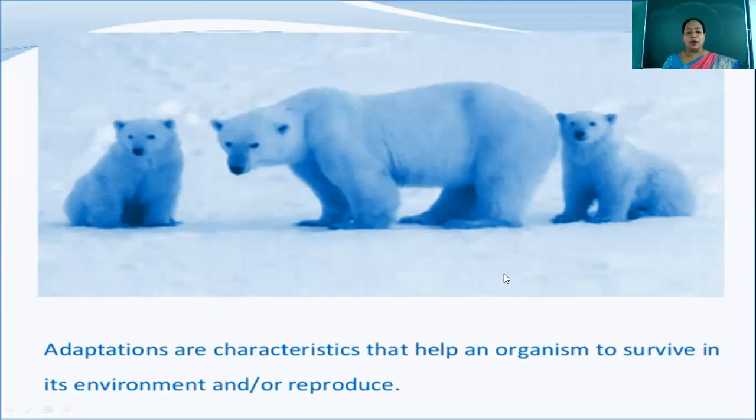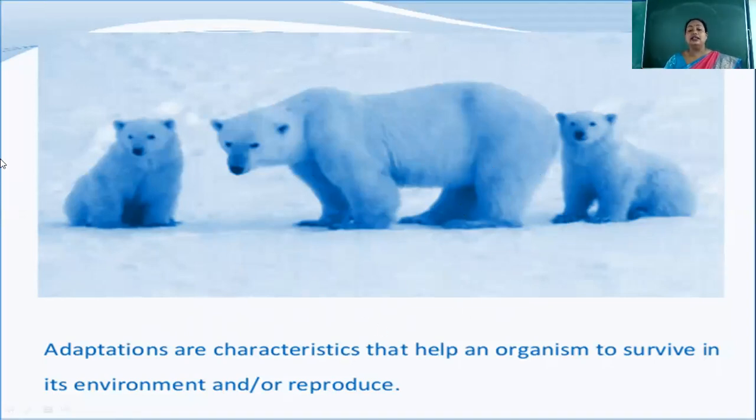Those who have not seen a polar bear, just look at this. They look so beautiful. The complete body is white and their face is very cute, isn't it? Girls mostly like it. That is why they take the teddy bear. Though it looks so nice, it finds it very hard to survive in its habitat.